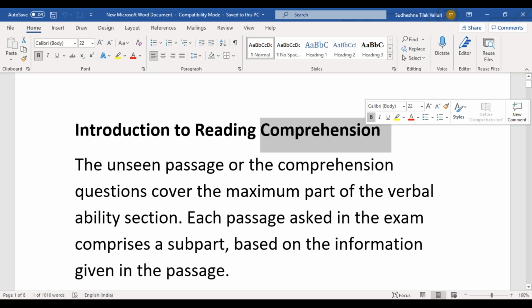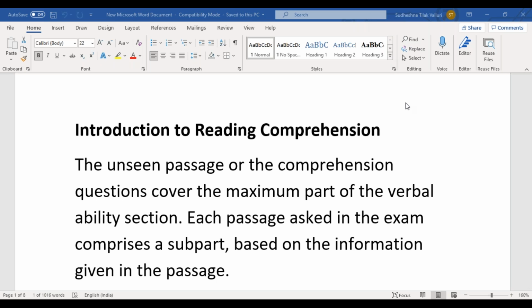What do you think the word comprehension means? Can anyone give me the answer for this?